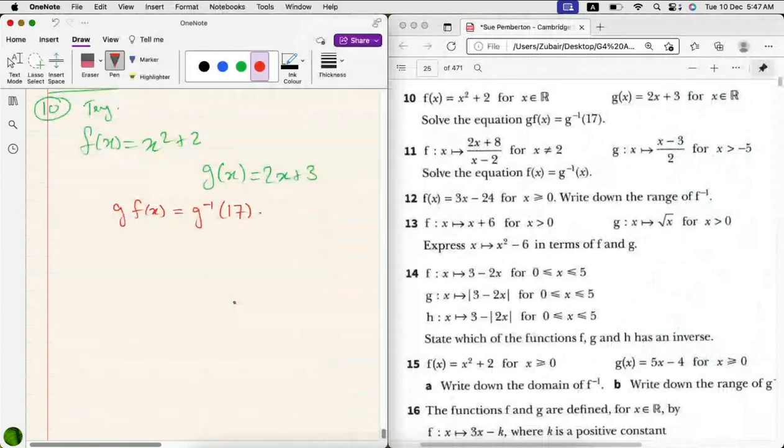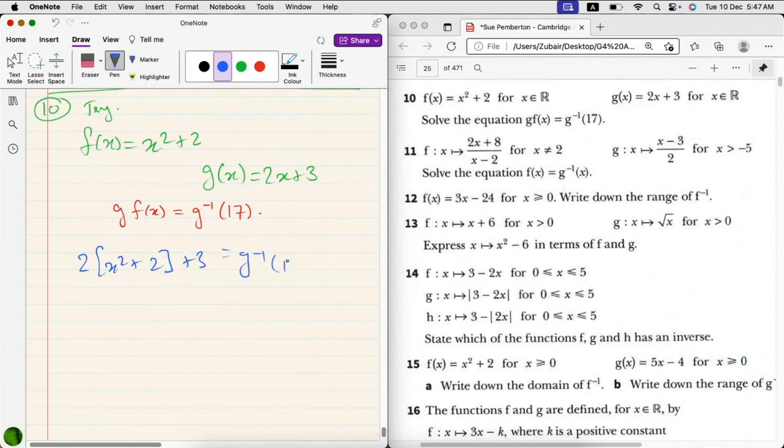Let's see. First of all, you substitute in g, that is 2x squared plus 2 plus 3. And on the other side, that's inverse.